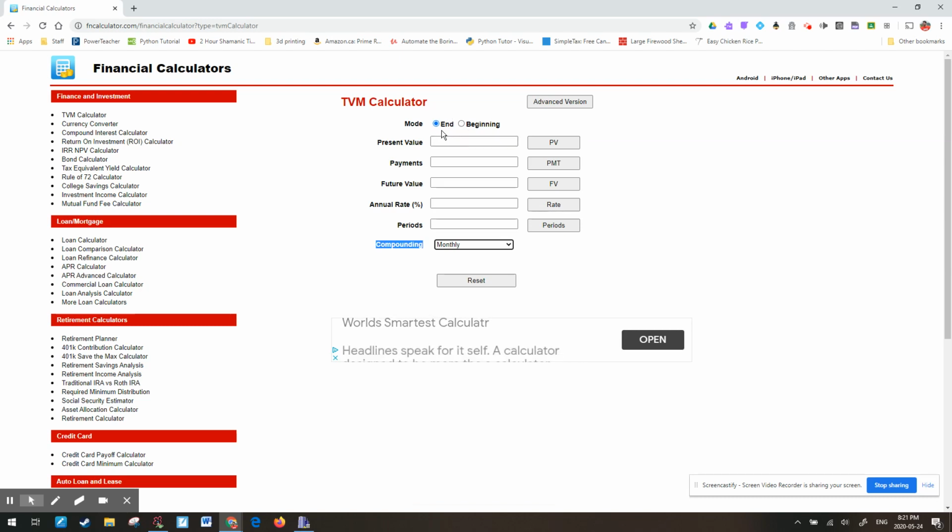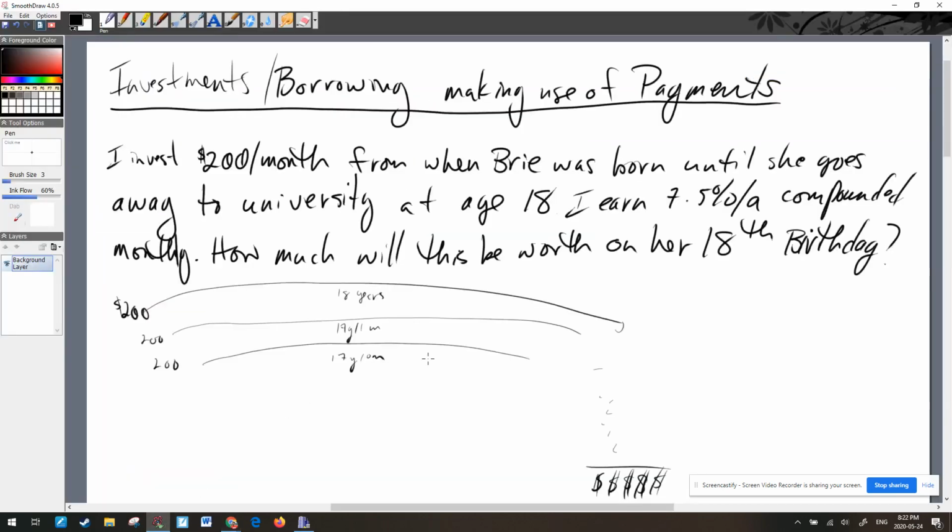That makes a difference because if I put money away on January 1st and let it grow until December 31st, it grows for a full 12 months. If I put it away at the end of the month, that means that it actually has one fewer month that it grew.